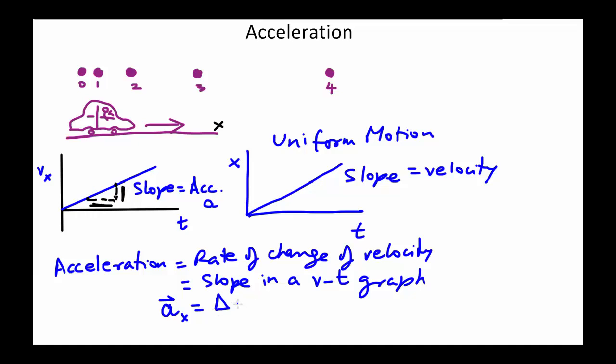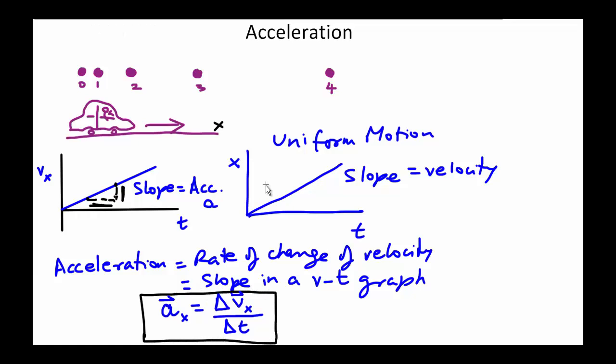So that's delta Vx, the change in the x velocity, divided by the run, which is the change in time, or time duration, which is delta t. So here we have the equation definition of acceleration.